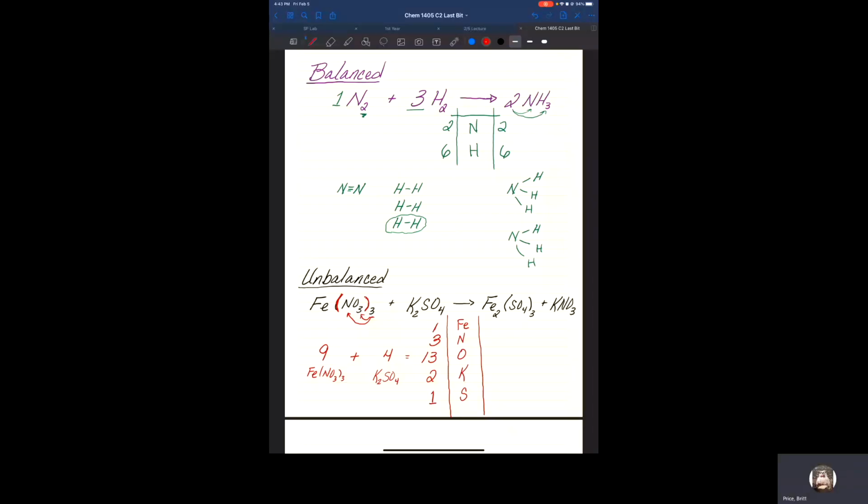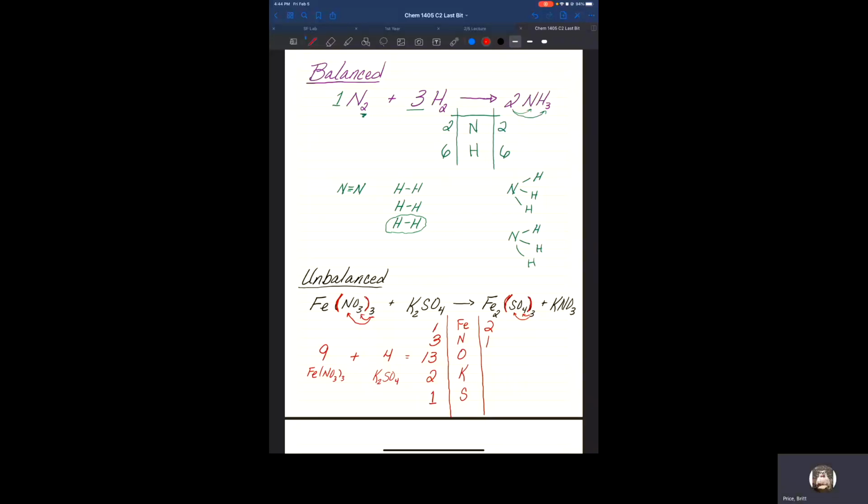And we'll do this exact same thing on the product side. I have 2 irons and nitrogen, I'm only going to have 1. Oxygen, I still have it in 2 places. This 3, I'm going to, again, distribute through everything inside those parentheses. There's 3 of those SO4s.